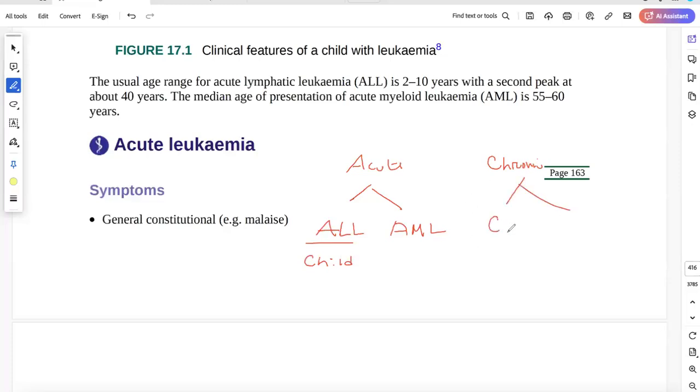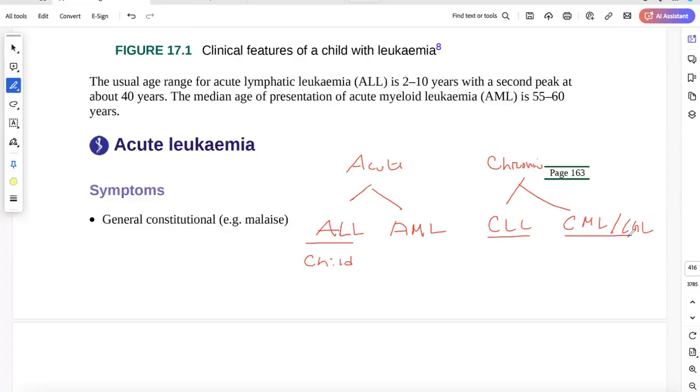Chronic leukemia again is divided into CLL, so chronic lymphocytic leukemia, and then we have chronic myelocytic or chronic granulocytic leukemia. So again, these are chronic. That means it's been happening for a long time.